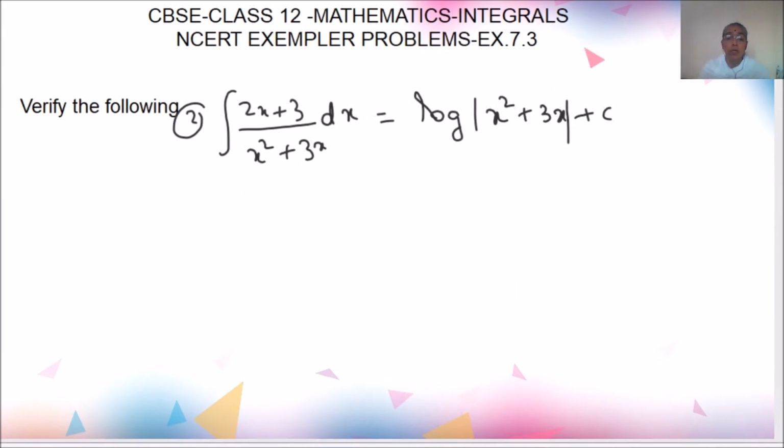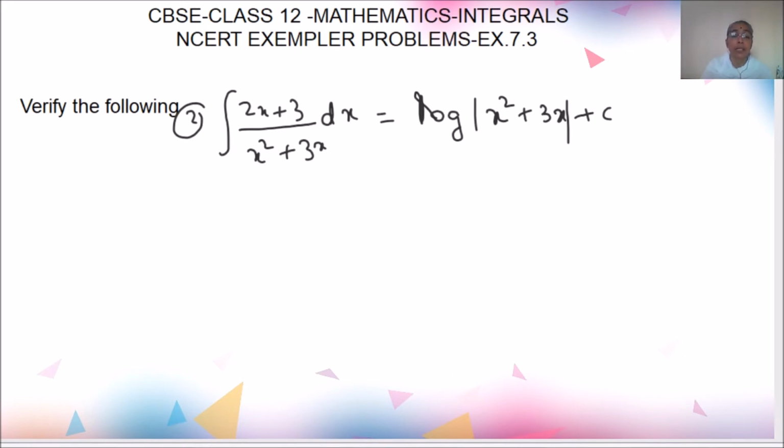Second problem, verify the following only. Integration of (2x plus 3) divided by (x square plus 3x) dx is equal to log mod (x square plus 3x) plus c. Okay, so we can observe that the degree of the numerator is 1 less than the degree of the denominator. So we will try whether this is giving the form of integration of f dash of x by f of x dx.